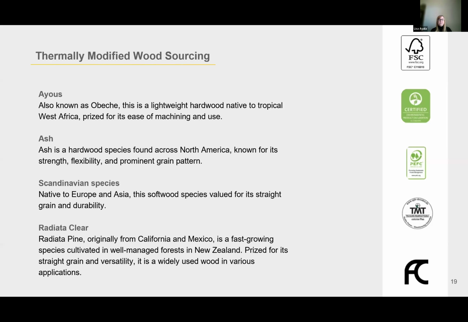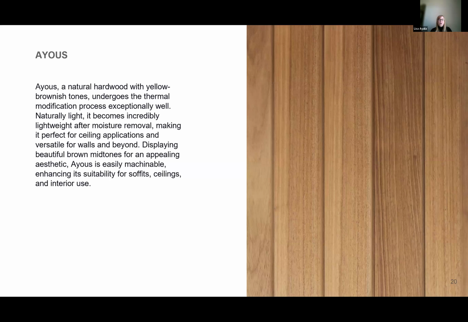When we talk about wood sourcing, there are several species, at least within what I'm discussing, that are used for thermally modified wood. What we'll talk about today are AIAs, which is a natural hardwood.